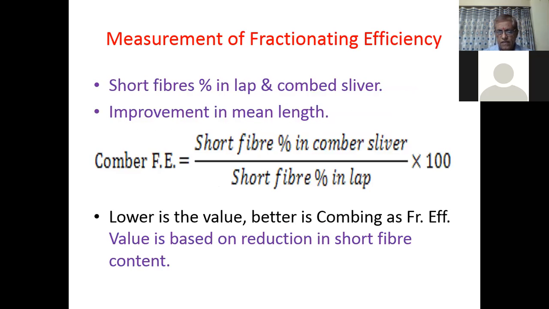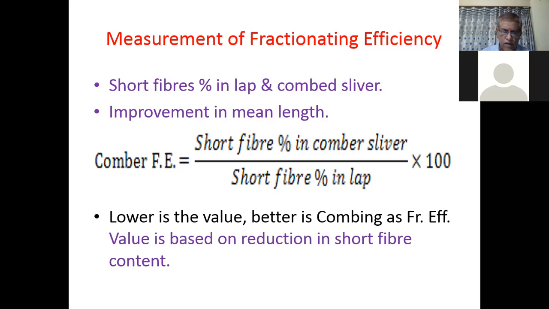How will we measure fractionating efficiency? It can be measured in two ways. Number one is by measuring the short fiber percentage in lap and combed sliver. And second is the improvement in the mean length.